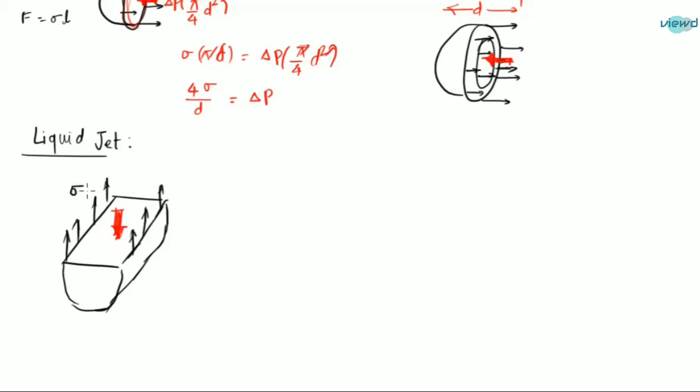And here it will be sigma into L, and also this pressure delta P into d into L. Here d is this diameter. D into L is the projected area.